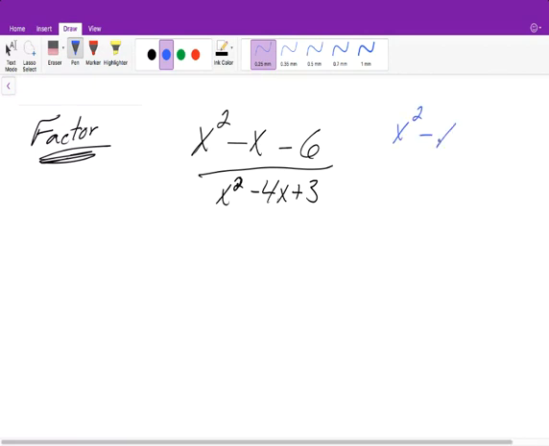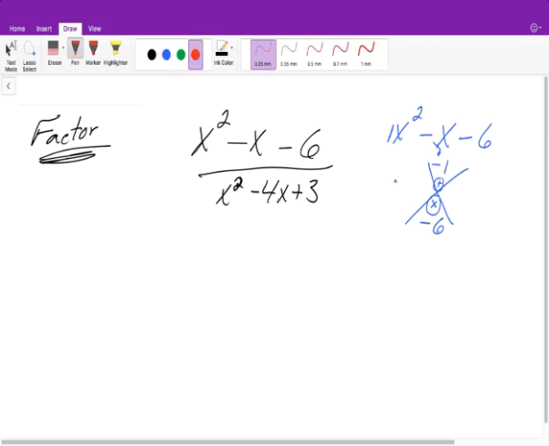So we look to factor x squared minus x minus 6. Whatever method you use, you draw the x method. We write multiplication, addition. We multiply the number in front of the x squared and the constant, so it's minus 6. Then this middle term just drops, so it's minus 1. We look for numbers that multiply to negative 6 and have a difference of 1, so that will then be negative 3 and 2.